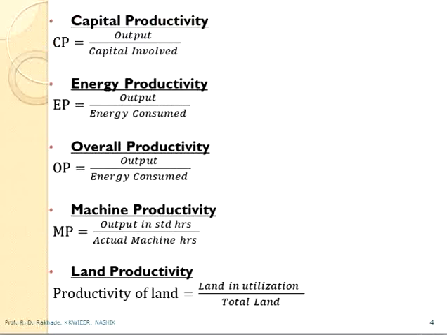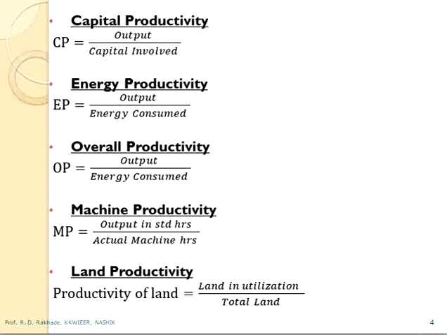Next is capital productivity: net output in terms of money upon capital involved or applied. Then energy productivity: net output to energy consumed, maybe in terms of units or in terms of rupees.